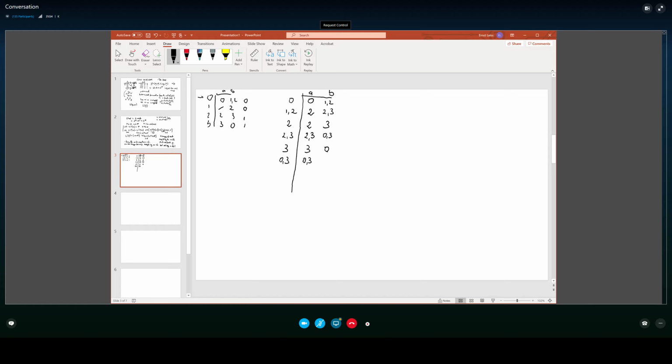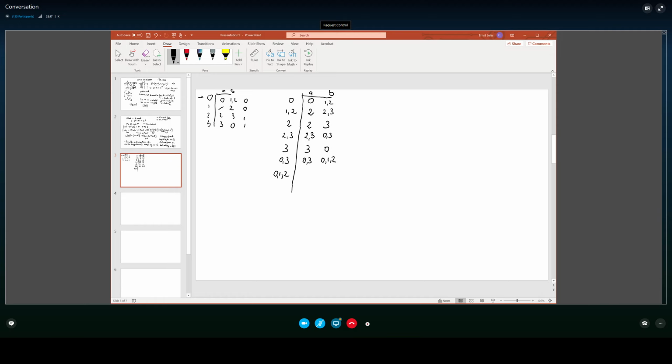And 0, 3 under B, well, 0 under B is 1 and 2. 3 under B is 0, so I get 0, 1, 2. So 0, 3 I have, 0, 1, 2 I don't have yet, so I have to write it down.